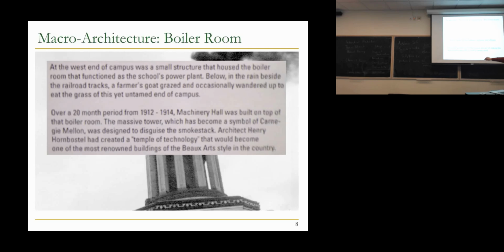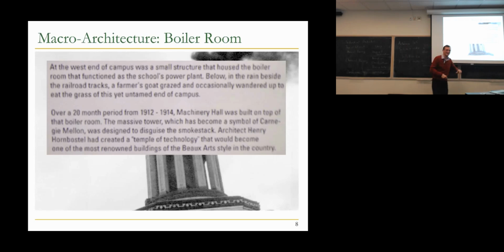Over a 20-month period between 1912 and 1914, Machinery Hall was built on top of that boiler room. The massive tower, this thing, which has become a symbol of Carnegie Mellon, was designed to disguise the smokestack. So now you know why it exists, that beautiful thing. Architect Henry Hornbostel had created a temple of technology that would become one of the most renowned buildings in the Beaux-Arts style in the country.